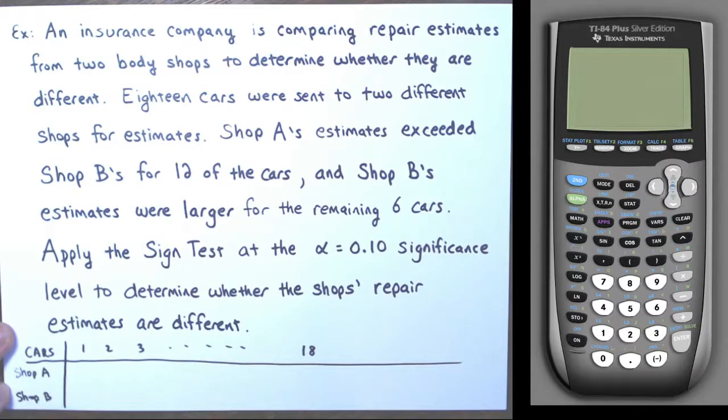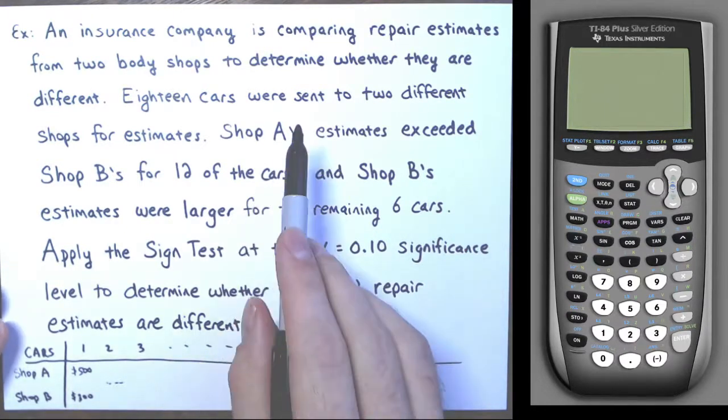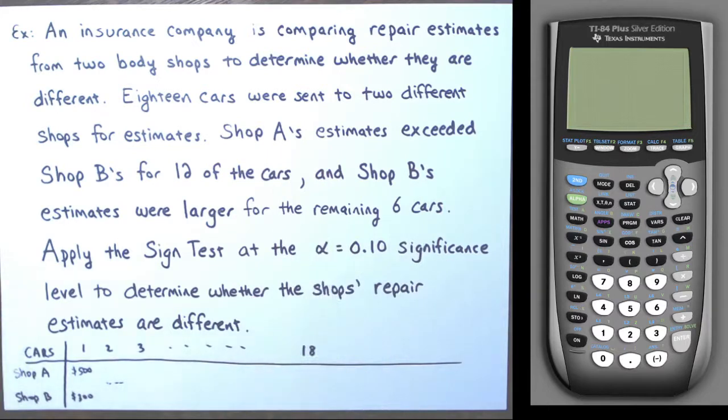For the first car, shop A might estimate that the cost was $500 to repair it, and shop B might estimate that it only costs $300, and so on. So we don't need this table, because, as you saw with the last example, I'm eventually not going to need the numbers themselves. I'm just going to be assigning these labels, these plus signs and minus signs.